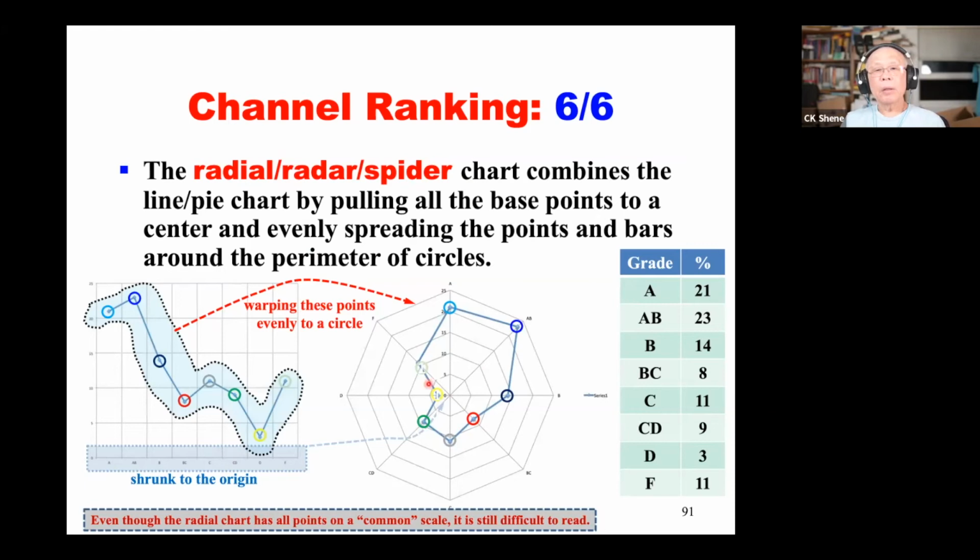And then we draw a polygon or a circle and spread these values onto this radius. For example, A is here. So A goes from the origin here, and this is B, this is C, AB, and B, BC, and C.